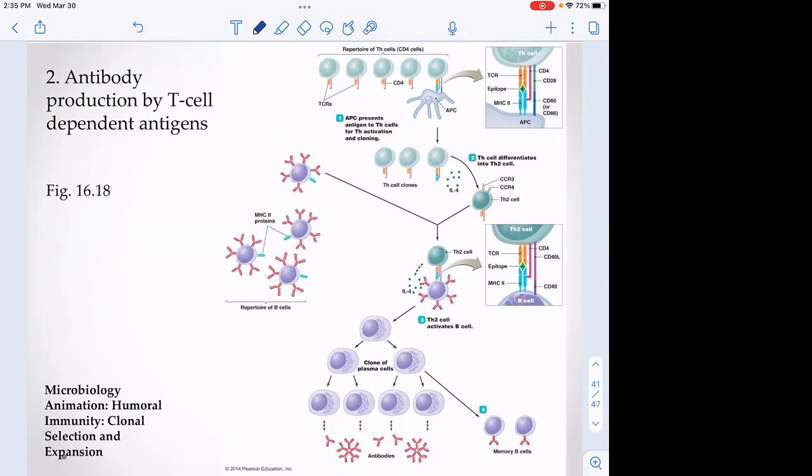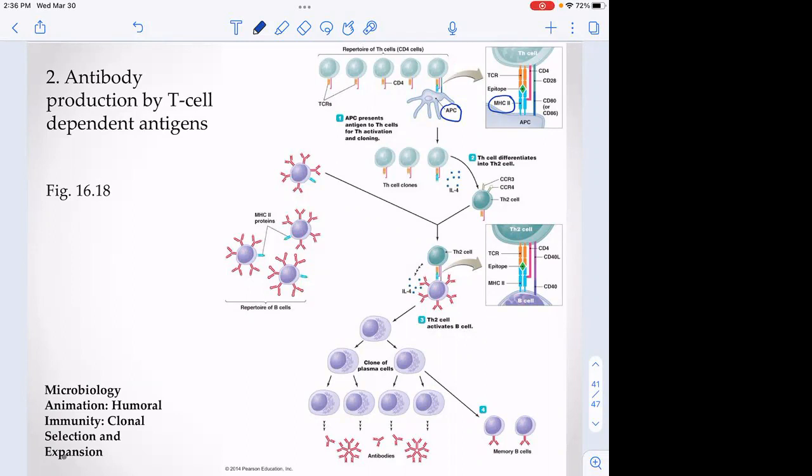The way this works, say we start with an antigen presenting cell like a dendritic cell that has phagocytized some antigen and is presenting bits of it with MHC class II. Hopefully it carries that to the lymph node to come in contact with the T helper cell whose T cell receptor recognizes that epitope.